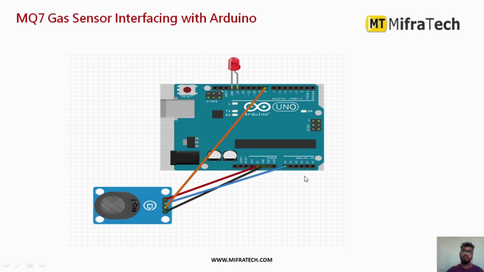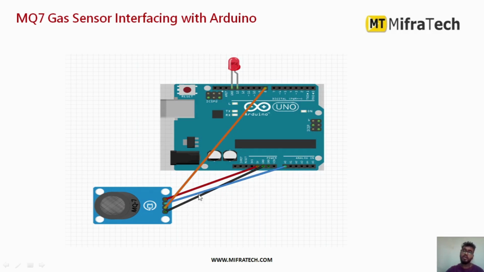Whenever a combustible gas like carbon monoxide is detected, we will turn on the LED. Here I am connecting both the analog pin and the digital pin. First, VCC, to provide the power supply, I connected to the 5 volts pin of the Arduino Uno microcontroller. Next, ground I connected to the ground pin.